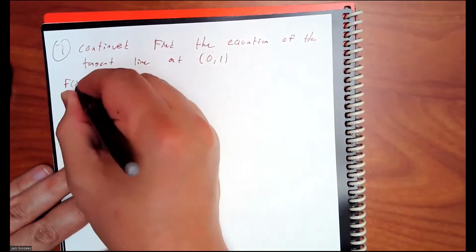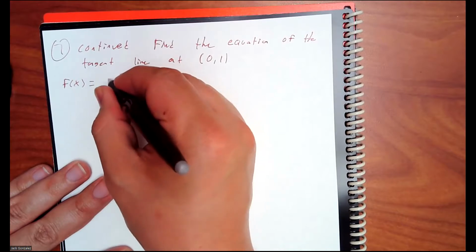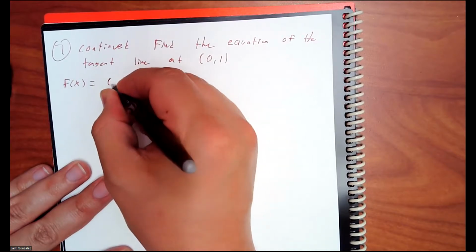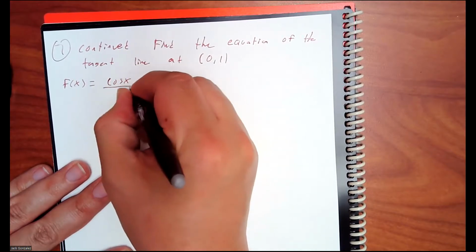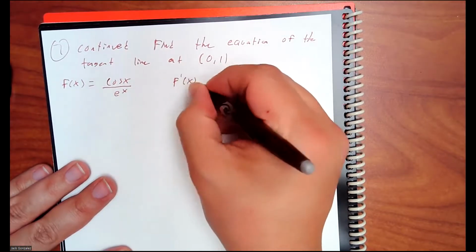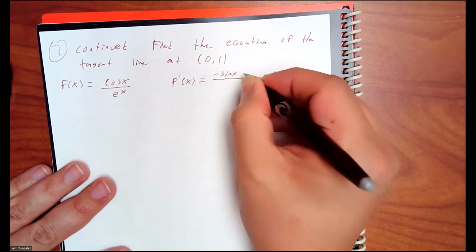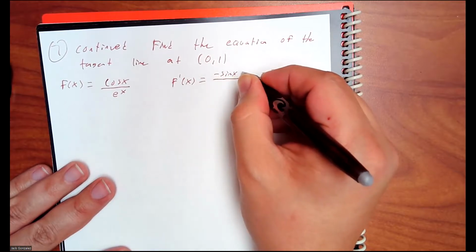What was f? Sine or cosine? Yeah. And f prime was plus cosine, or just?